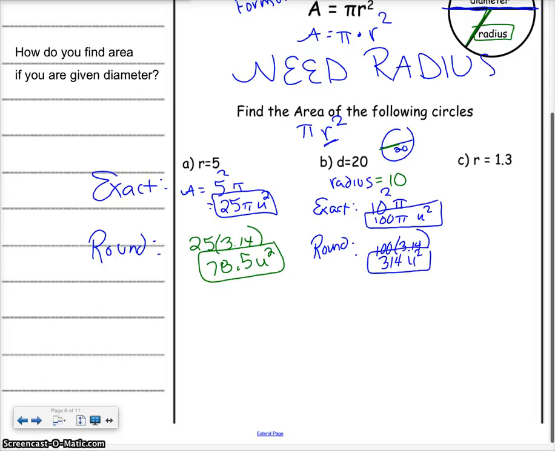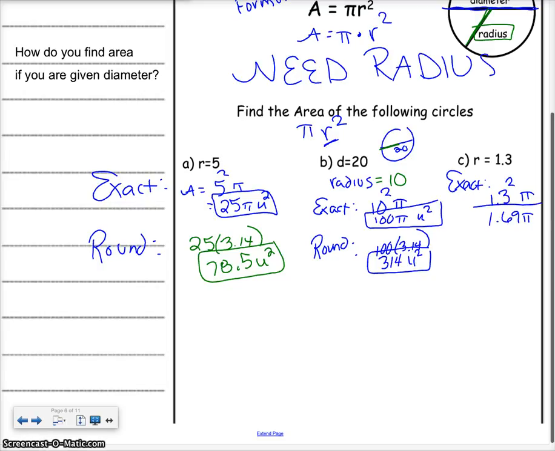Okay, so you have to do both today. I'm going to ask you for exact measurement and rounded measurement. So you're going to have to make sure to apply them both. The next one, r is 1.3. So I already have my r. I can just apply the formula. Let's do exact first. So pi r squared. So 1.3 squared times pi, which is 1.69 pi.